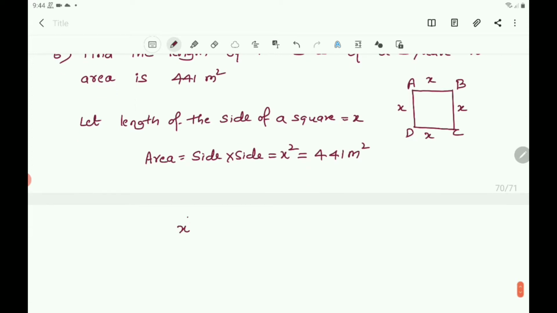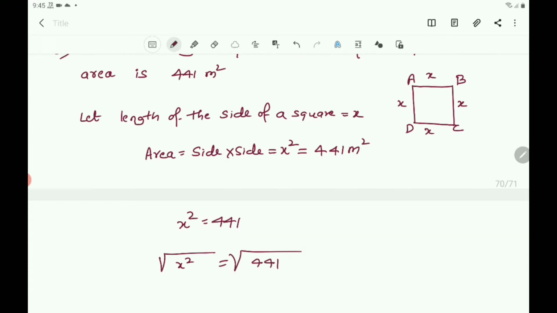That is, x² = 441. Then x equals the square root of 441, if you take the square root on both sides. Square root of x² equals square root of 441.